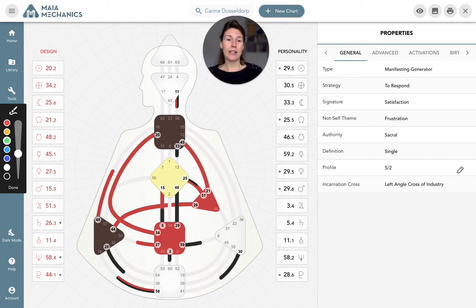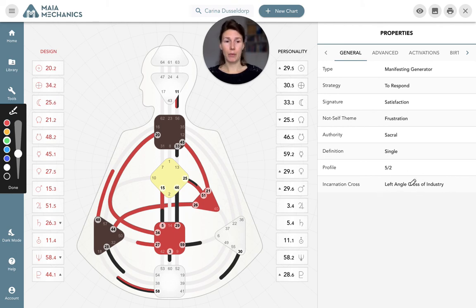And then on the last, you see the incarnation cross. I'm not going to go into that so deep, but it talks about your destination in this life and what you're here to bring out, to live out.